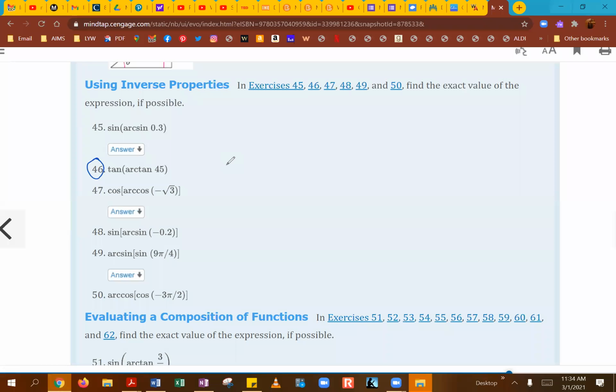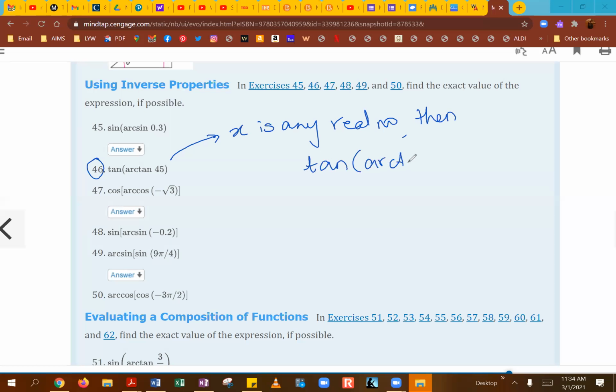So, of course, 45 is a real number. So since 45 is a real number, you don't have restrictions on this because this says if x is any real number, then you can get that same value as your answer. So tangent of arctangent of 45 will come out to be 45.